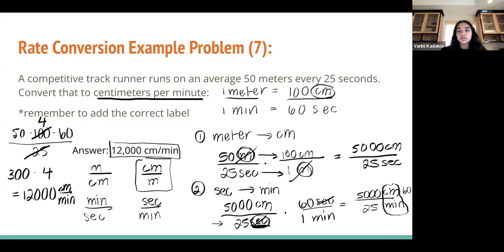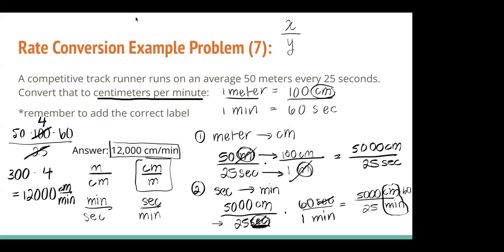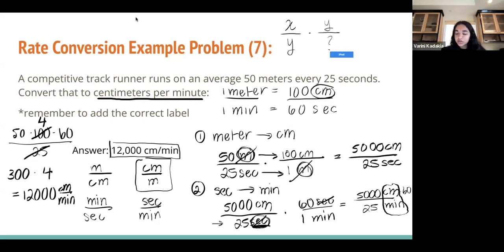Okay. I just wanted to recap something. When doing rate conversions, you always want to make sure the units you don't want cancel. If I have X units over Y units, and I don't want Y units anymore, I just want X units, I should multiply by Y over something else so that the Y cancels.